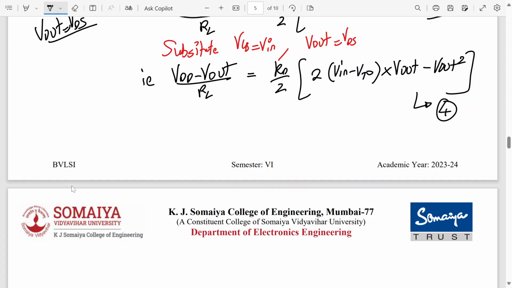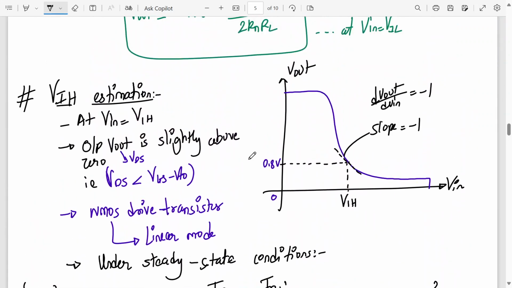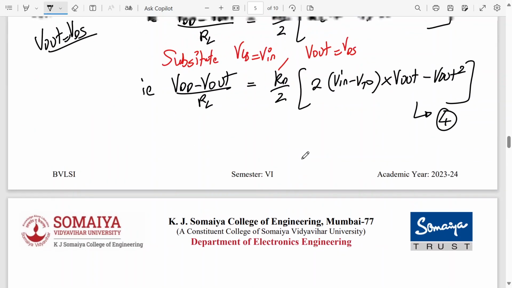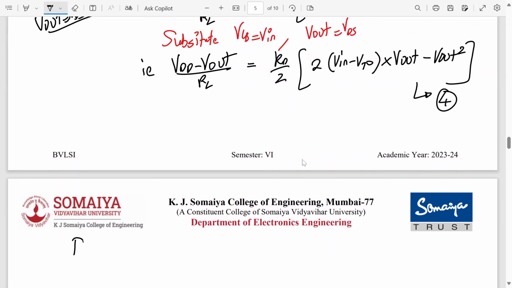Alright, now VIH is the larger of the two voltage points on the VTC curve at which slope is equal to -1. So that is dV out by dV in is equal to -1. So for that we have to differentiate equation 4 with respect to V in.